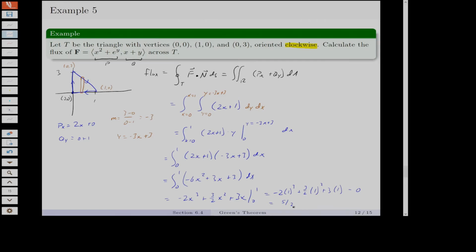Now, I made a big stink at the beginning of this about this being oriented clockwise. And when we use Green's theorem, remember it says counterclockwise.